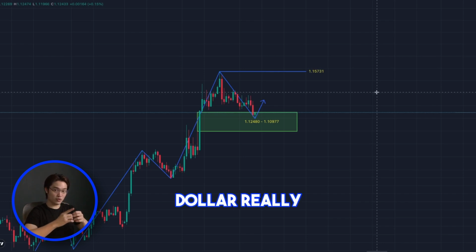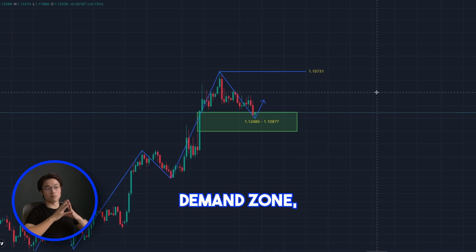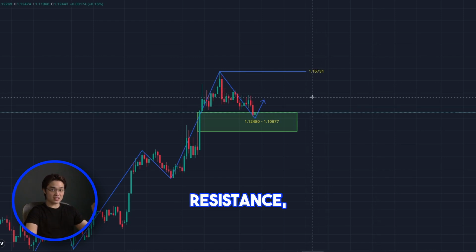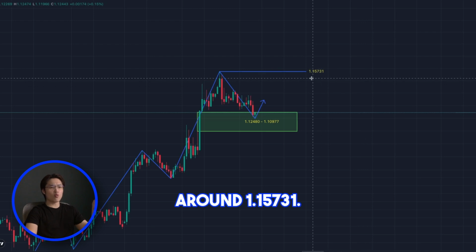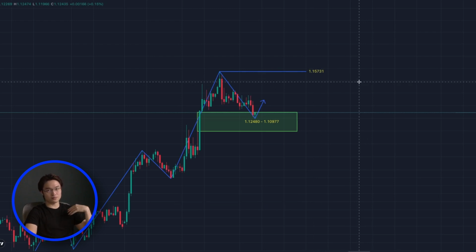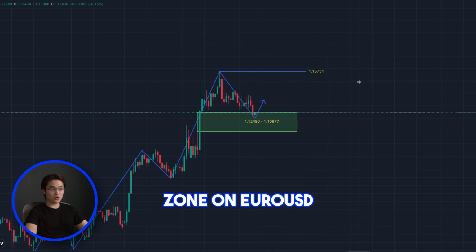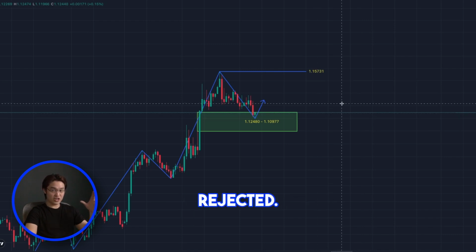If the euro dollar really rejects that demand zone, the next target for euro dollar is its last resistance, which is around 1.15731. That's our next target if the demand zone on the euro dollar daily chart has been rejected.